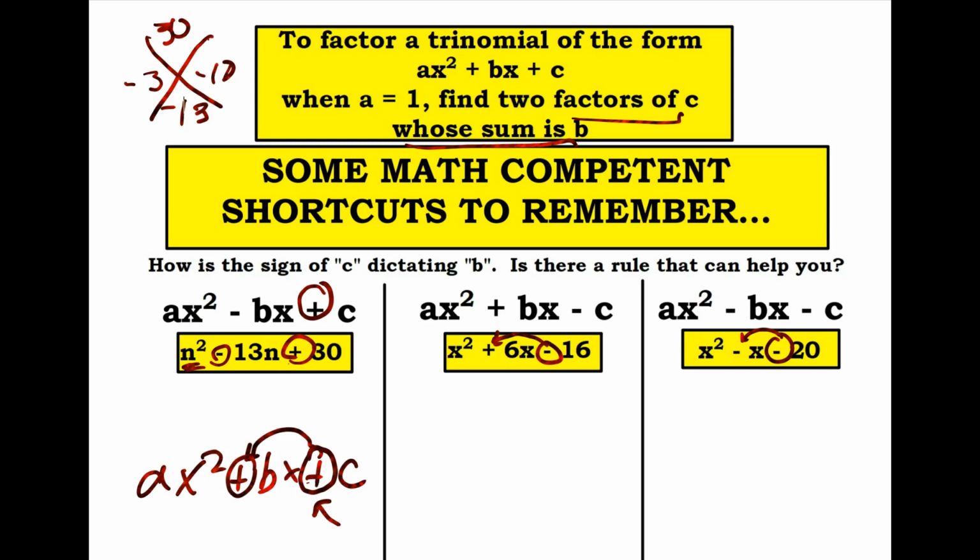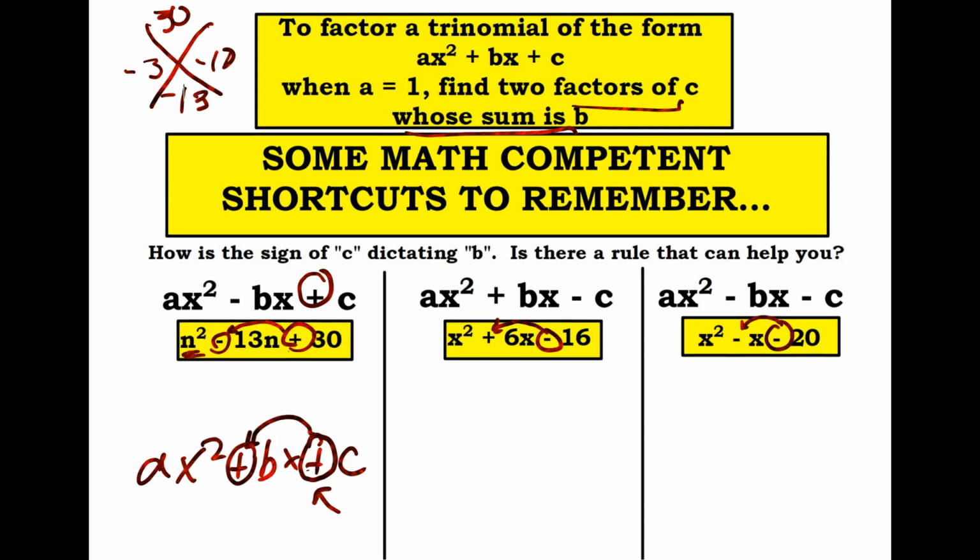That is what that means. Okay? So same sign, positive sign or an addition sign means same signs. You let me know whether those signs are negative. Negative sign means different signs. You let me know whether the larger of the two is positive or the larger of the two is negative. So I spent about 7 minutes explaining that because you need to know that because I'm going to put that on the quiz.